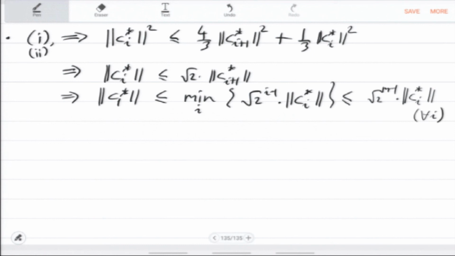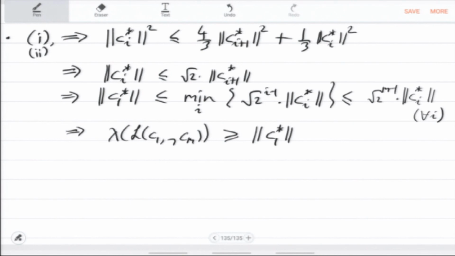So now if you use this orthogonality of C1 star, or you use the lemma that we had shown before, in the lattice generated by C1 to Cm, we get that the shortest vector in the lattice generated by C1 to Cm will be at least, obviously, C1 star.